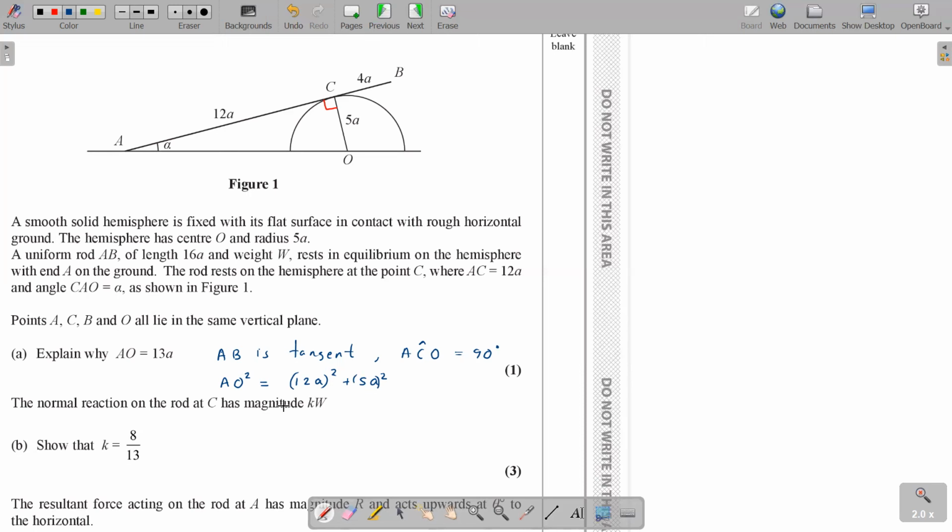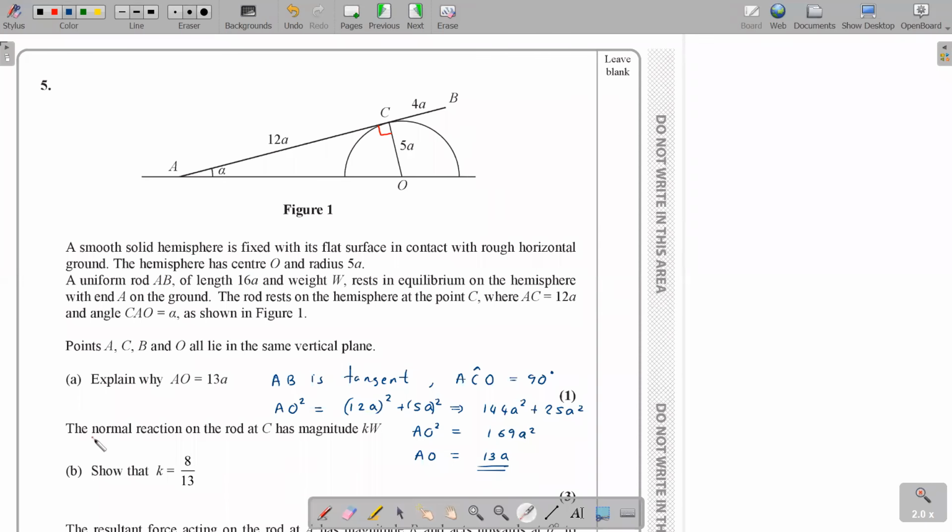So what do we get here? I get AO square equals 144A square plus 25A square, which gives me 169A square. So AO is 13A. Just to explain, it's just one mark.